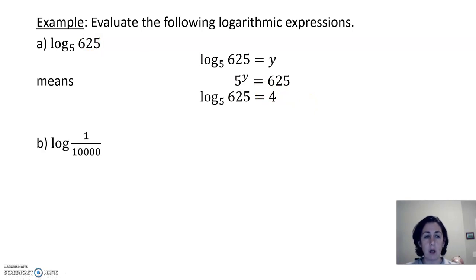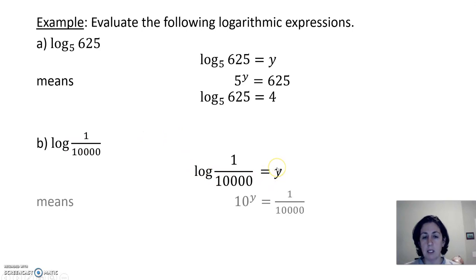If we had log of 1 over 10,000, remember that the base of the common log, if there isn't a base written, is 10. So your logarithm is equal to an exponent. Log of 1 over 10,000 equals some exponent, we'll call it y. That means the base of this logarithm, 10, raised to the y exponent will be 1 over 10,000.